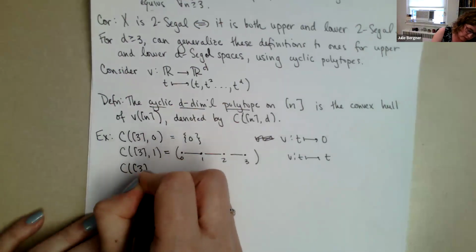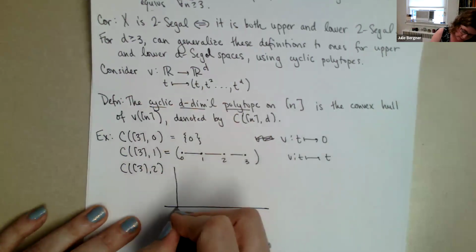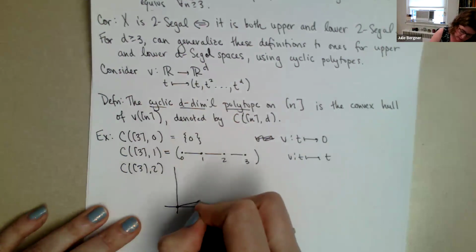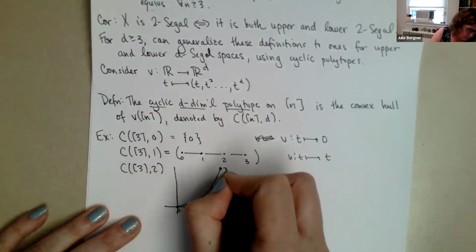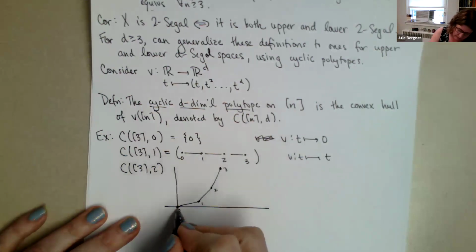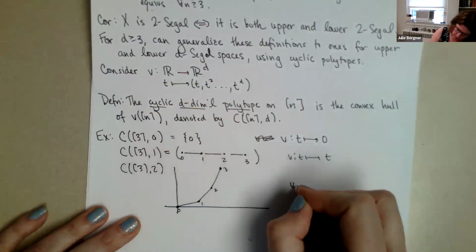Then C(3, 2), this is where things get a little more interesting. This is not going to be to scale, but we think of 0, 1, 2, 3. So this is (0,0), (1,1), (2,4), and (3,9).